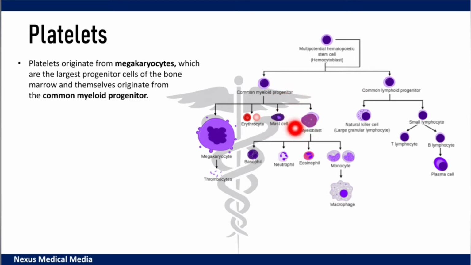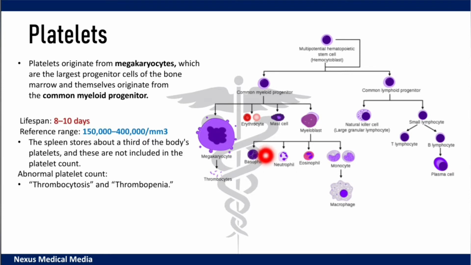Here you will see myeloblasts, mast cells, erythrocytes, megakaryocytes, and then from megakaryocytes, that's where you get platelets, also known as thrombocytes. The lifespan of platelets is 8 to 10 days, and they are about 150,000 to 400,000 per cubic millimeter. The spleen stores about a third of the body's platelets, and these are not included in the platelet count.